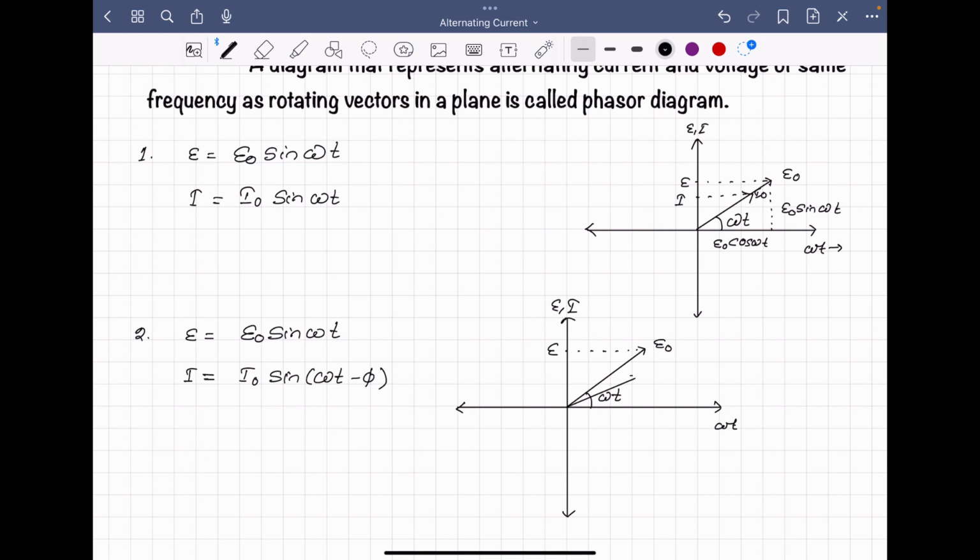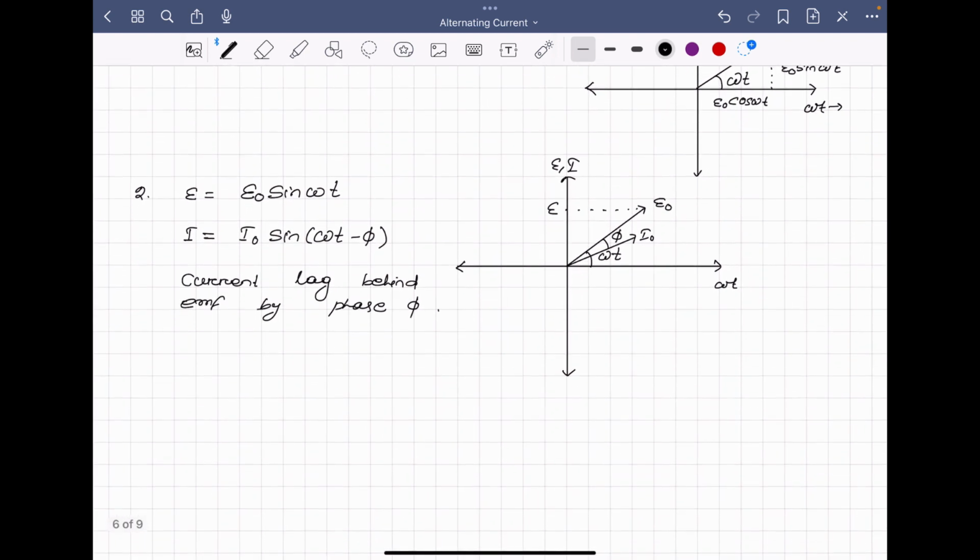This is our I naught, and this angle is phi. So the current lags behind the EMF by phase phi. If this is pi by 2, then the current lags behind the EMF by pi by 2. If it is pi by 4, then it lags behind by pi by 4.